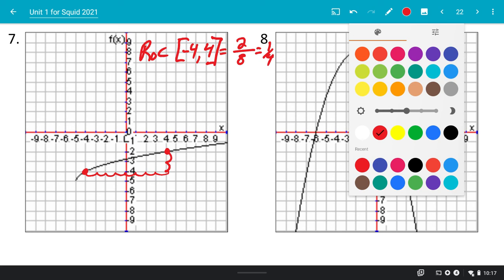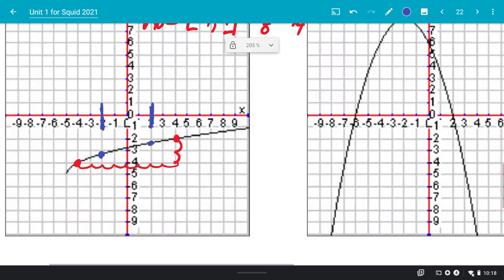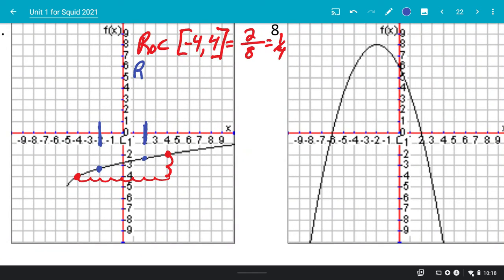It's in the directions. -4 and 4, right? And then I got to do it again for what? From -2 to 2. Well, my x values are -2 to 2. Well, -2, my point's down here, and 2, my point's right there. Okay with that? So my rate of change from -2 to 2 is 1, 2, 3, 4.